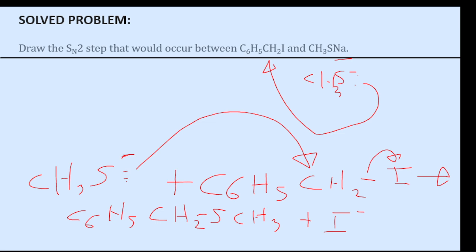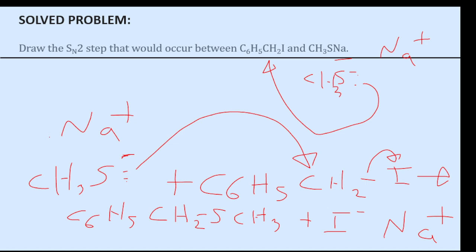Does anybody have any questions about that? What happens with the sodium? Is that also just drifting off? Yeah. Before anything, we actually just took that sodium and turned it into a spectator. Because that sodium is going to be here, drifting off around in solution. But we also would have had it over here, wouldn't we?